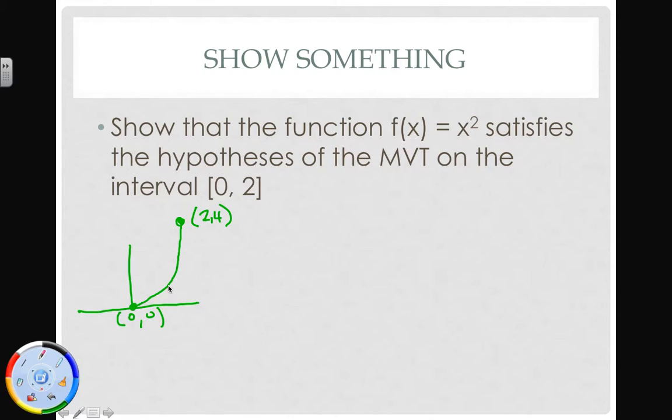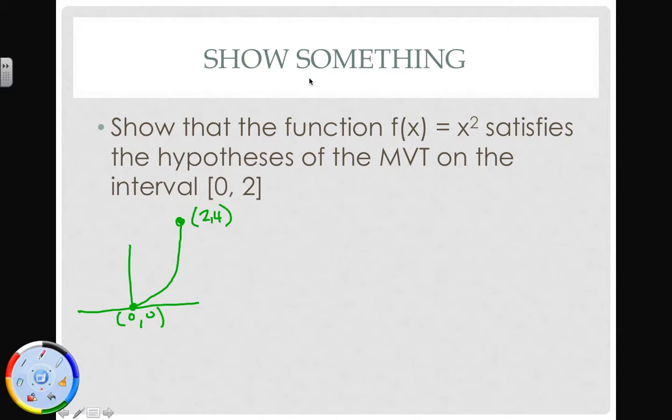Can we find some point x which makes a tangent parallel to the secant line between 0, 0 and 2, 4? Because of the mean value theorem, it does guarantee it, because we know the function x squared is differentiable between these 2 points and it's continuous between these 2 points, and therefore we're good.